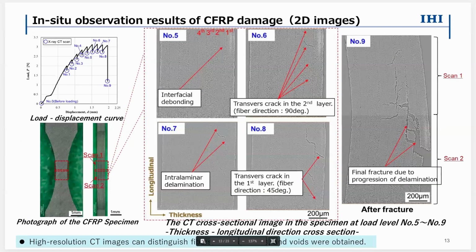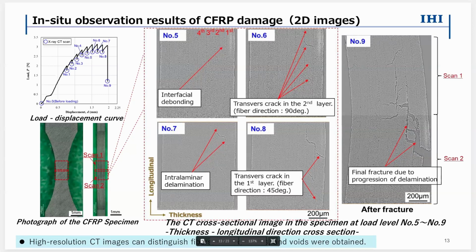Next, this slide shows the in situ observation result of CFRP damage in 2D images. This figure shows the CT cross-sectional image in the specimen at load levels number 5 to number 9, corresponding to this load displacement curve. The first damage is interfacial debonding in the second layer, whose fiber direction is 90 degrees.